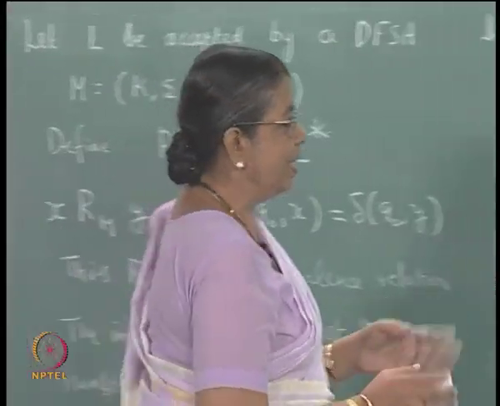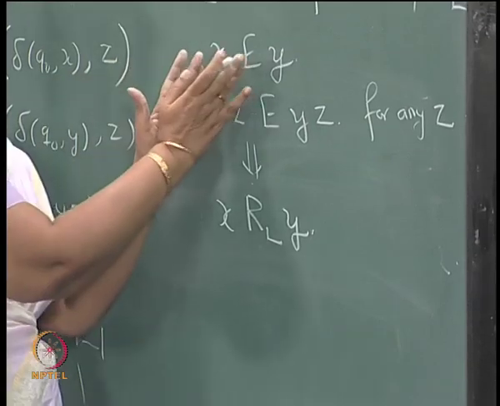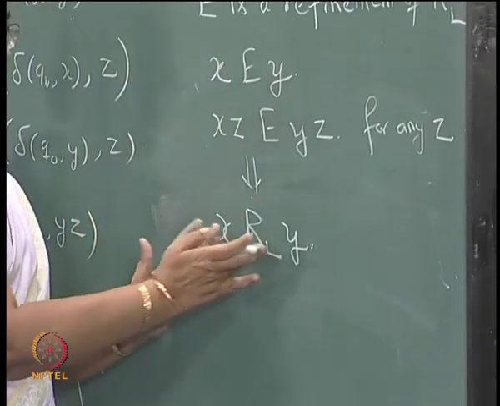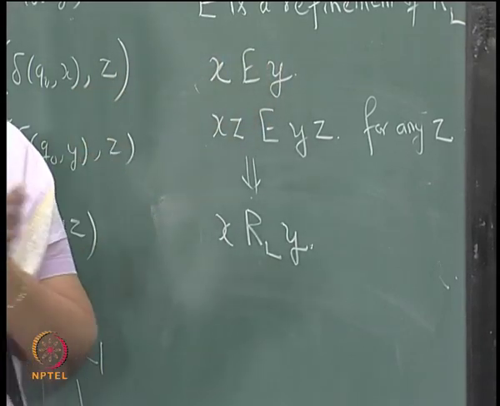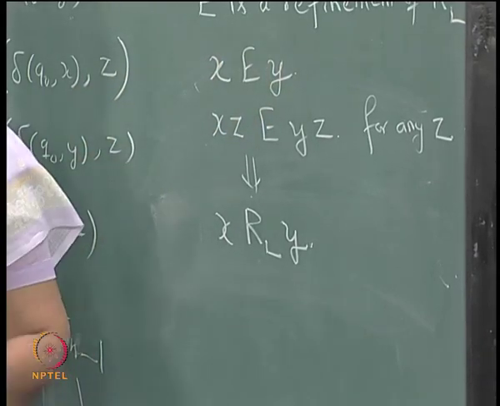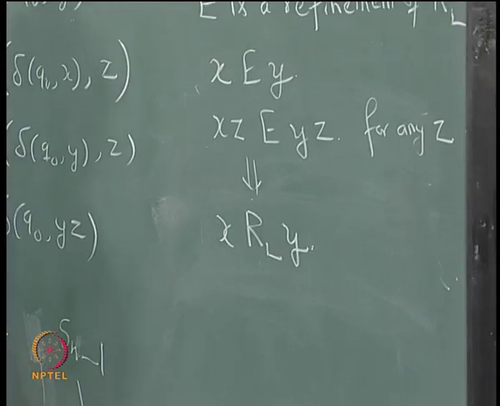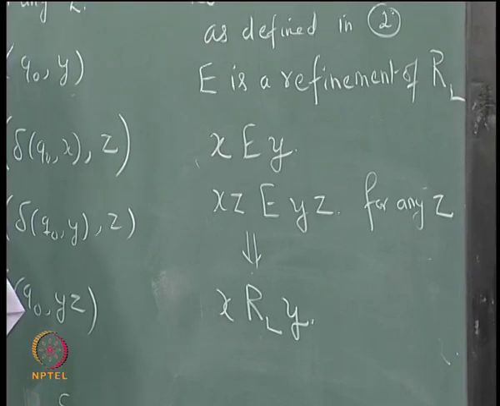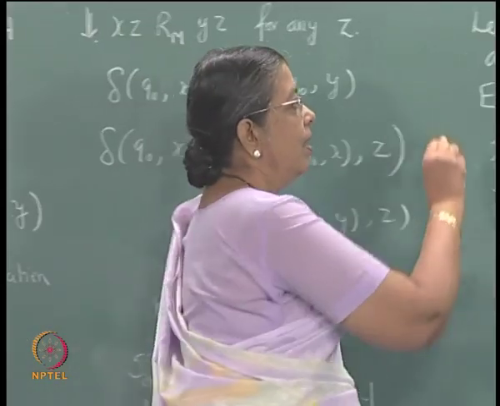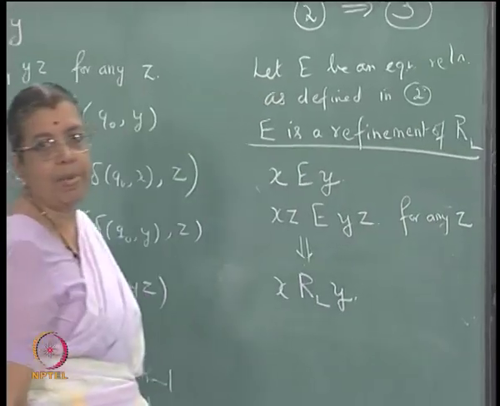So, essentially x related to y by E means x is also related to y by RL. That is, each equivalence class of E is completely contained in one equivalence class of RL. That means E is a refinement of RL.